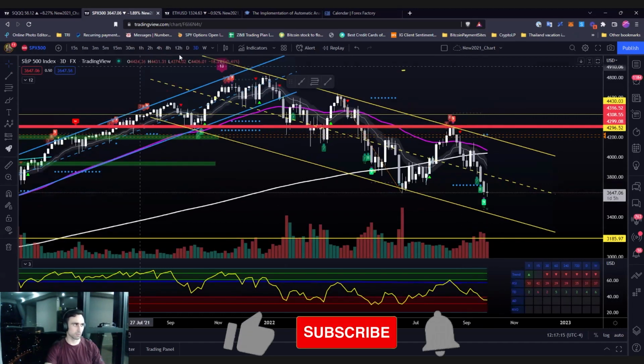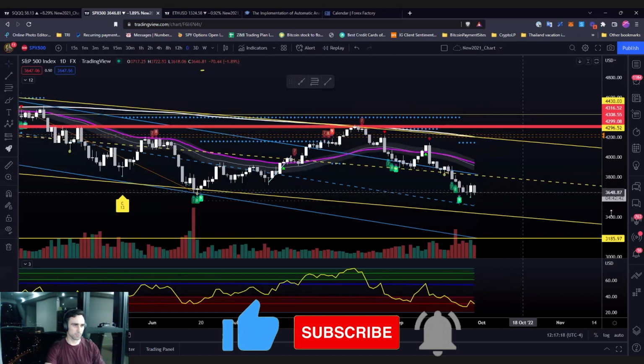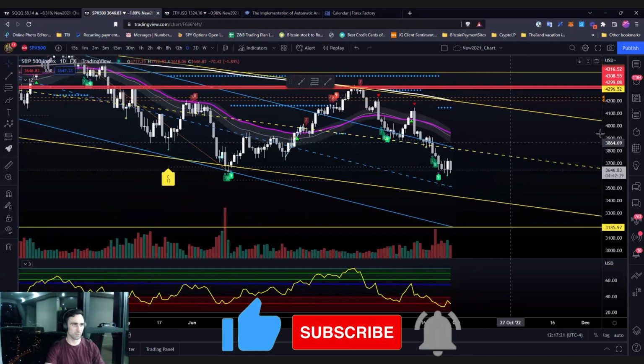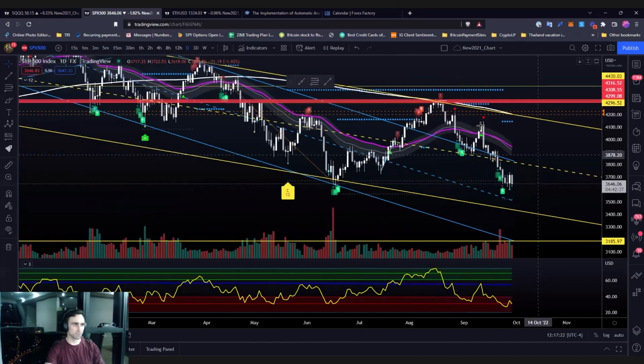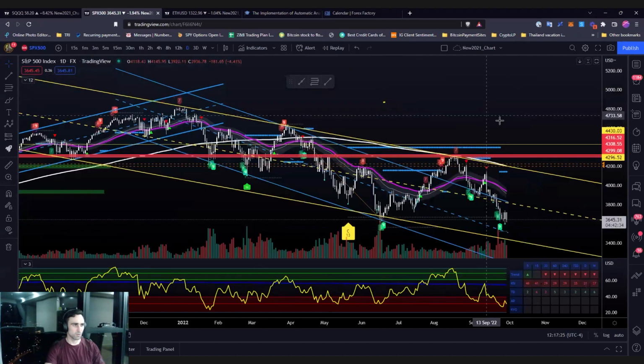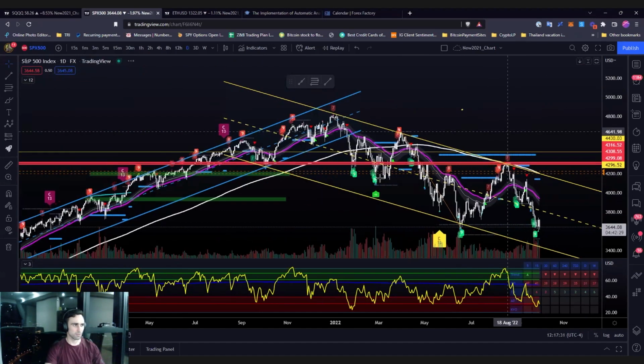However, everywhere else, it kind of looks bearish still. Daily chart, still pretty bearish here. I don't see anything to get too excited about, but something that could help us is trying to figure out what the Elliott wave pattern is here to the downside.